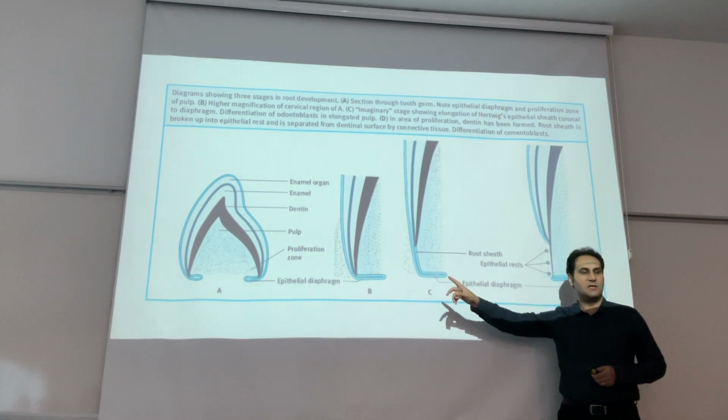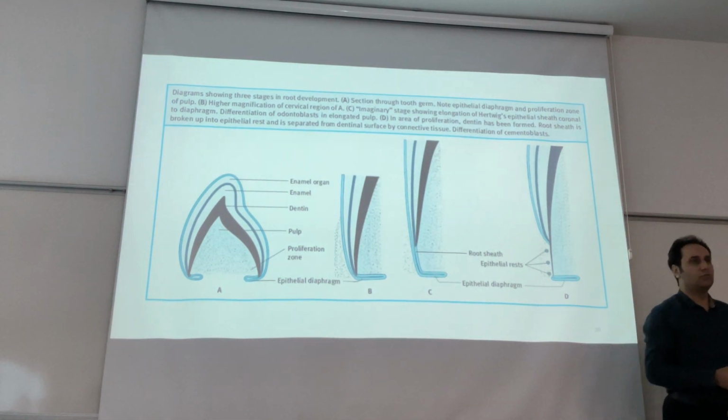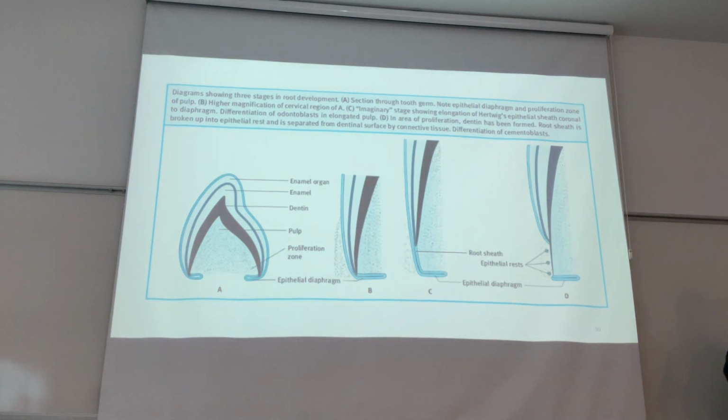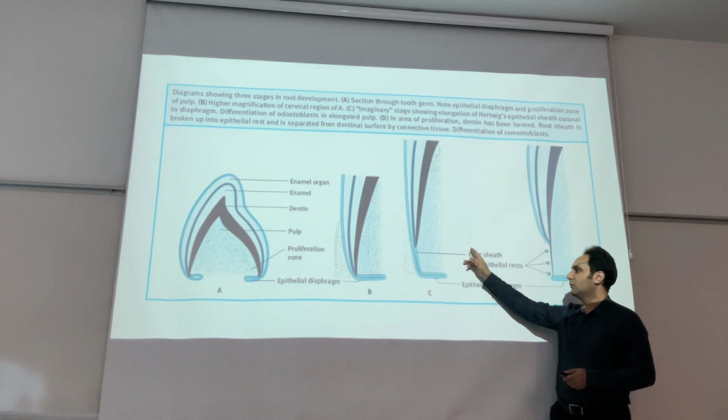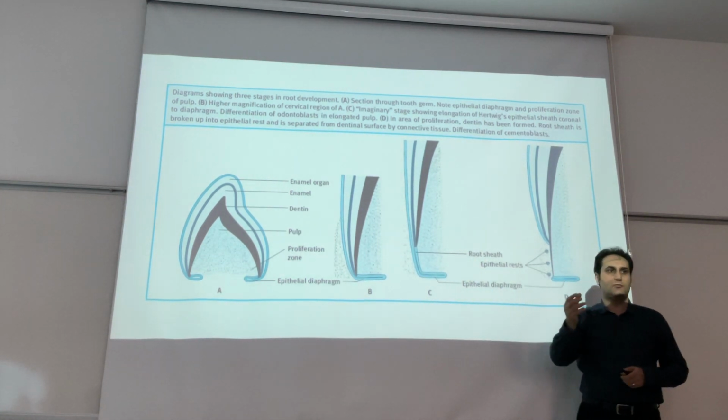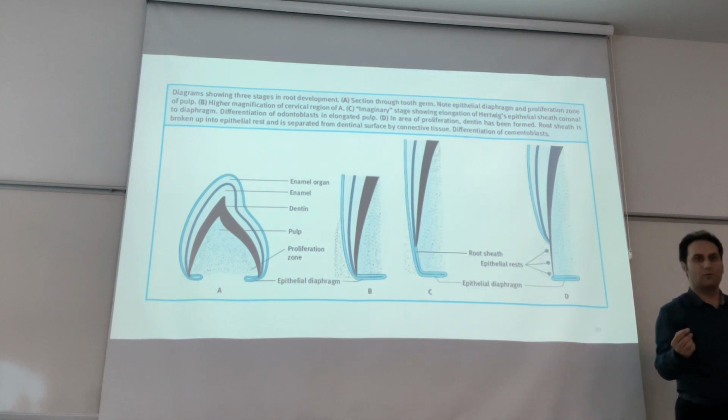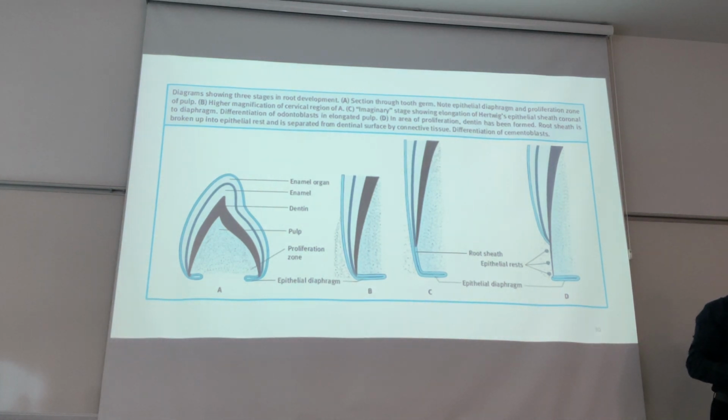After that, depending on our root numbers, in only one root teeth, this sheath goes to this part, and in the middle part you can see a hole. That hole forms our apical foramen.